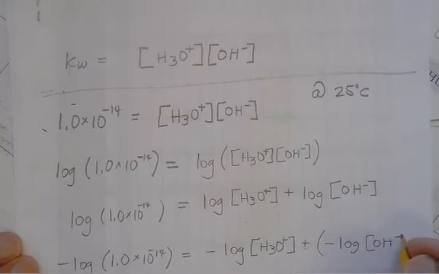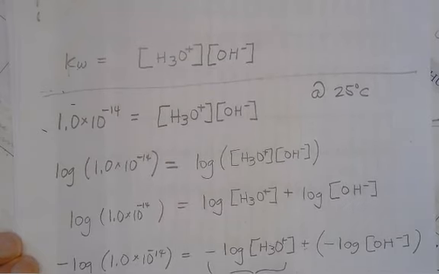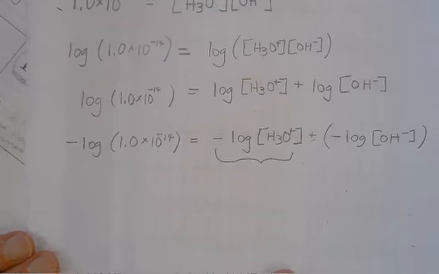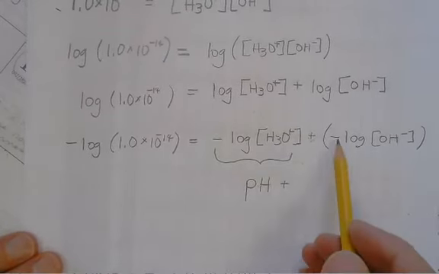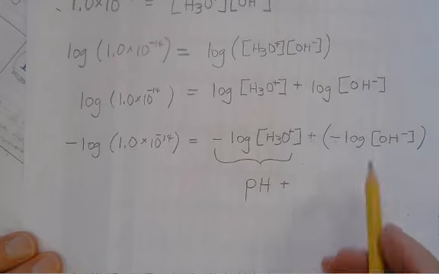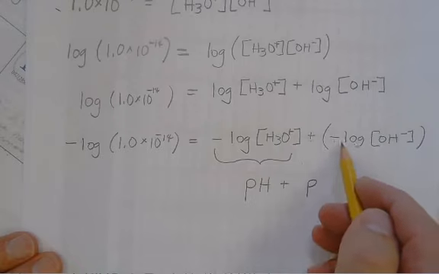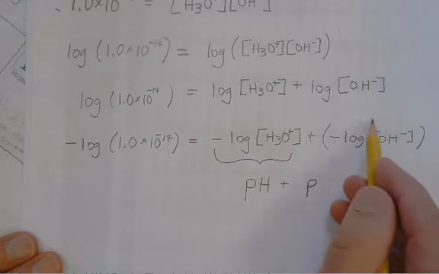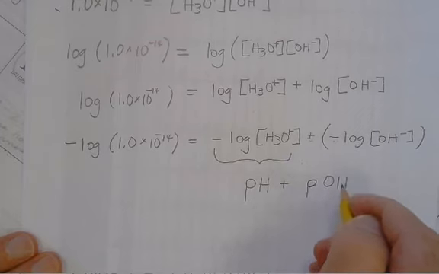Take a second with that algebra. Now I have a couple definitions right here. That's the definition of pH, isn't it? Minus the log of the hydronium ion concentration, that's pH. And inside the parentheses here, that's the definition of pOH. See, the negative sign I fold into pOH, because that's the definition of pH. So look back a page and see that.